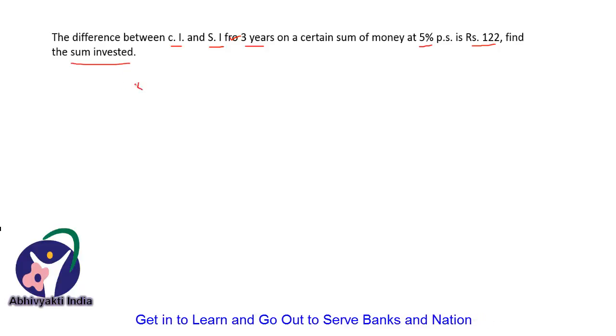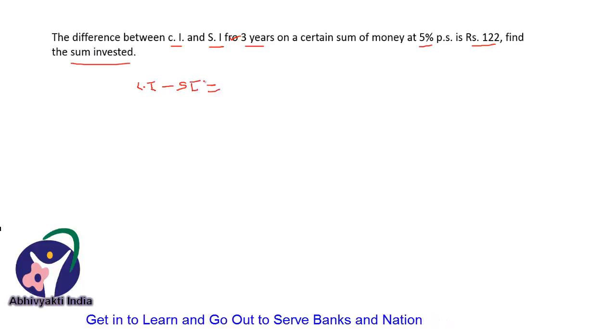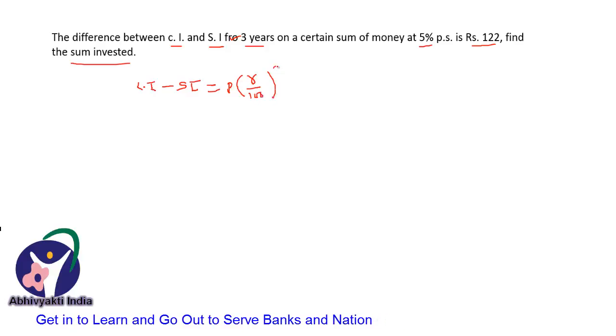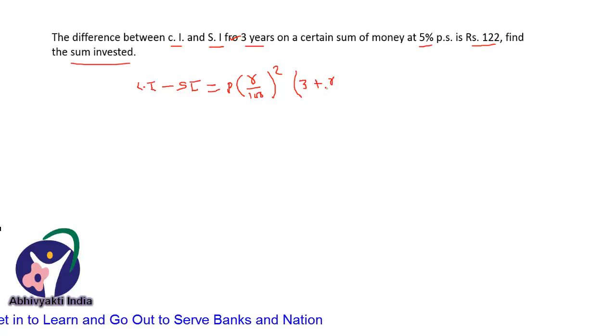The difference between the compound interest and simple interest, that is CI minus SI, is given by P into bracket R by 100 bracket square into another bracket 3 plus R by 100.